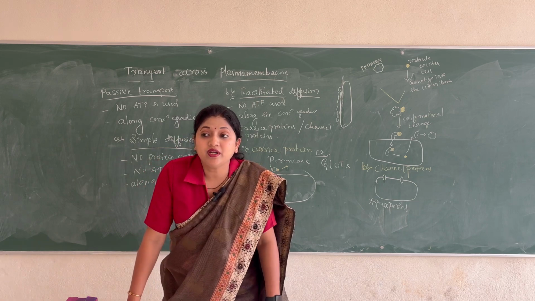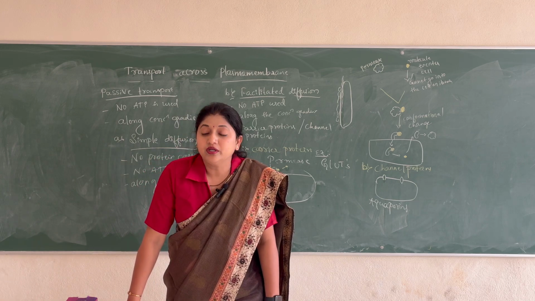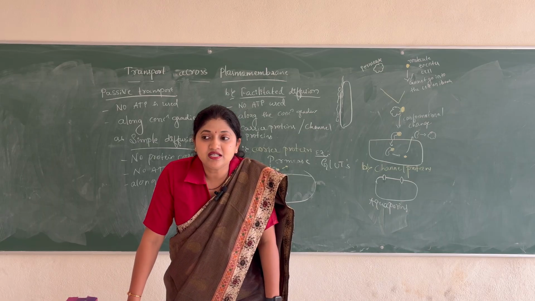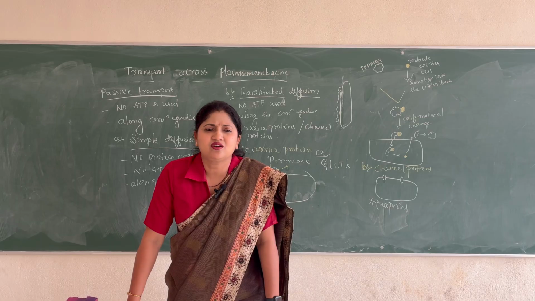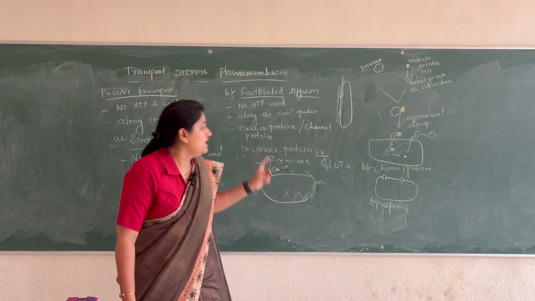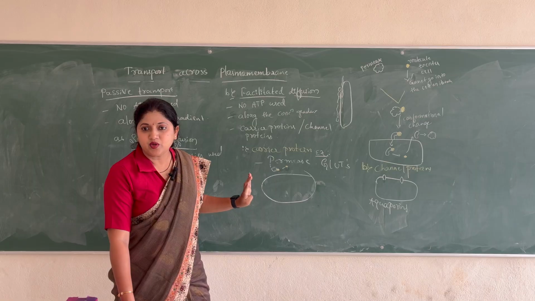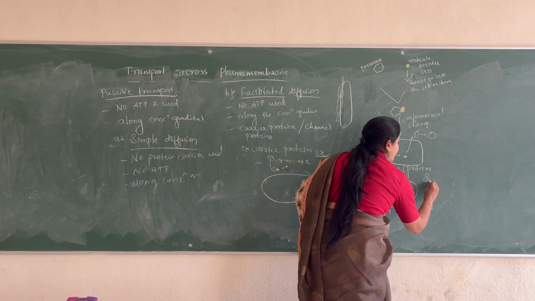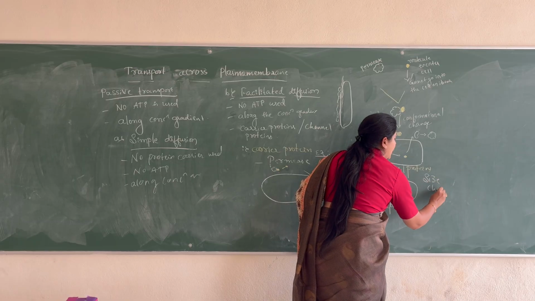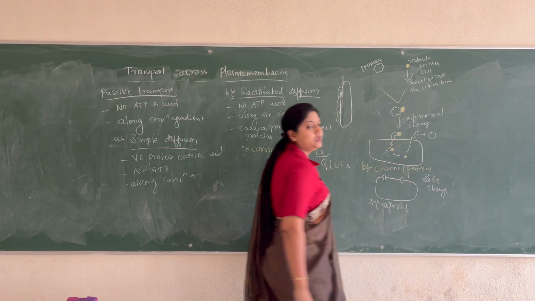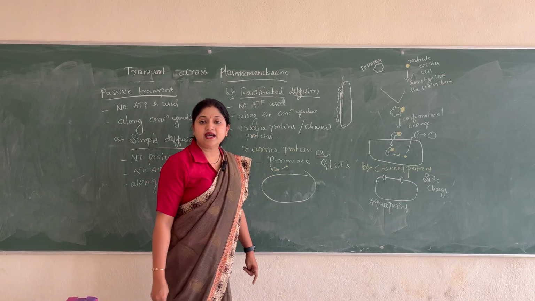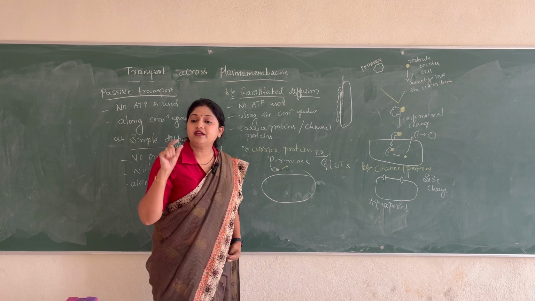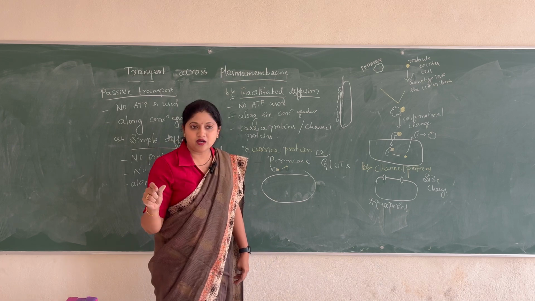So aquaporins, ligand gated channels, voltage gated channels and ion channels are all examples of channel proteins. On the basis of their size and charge, different types of channel proteins will facilitate the movement of the molecules.